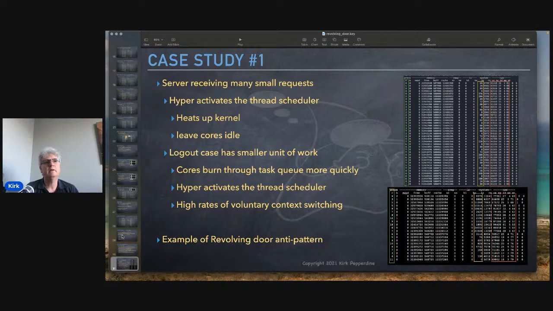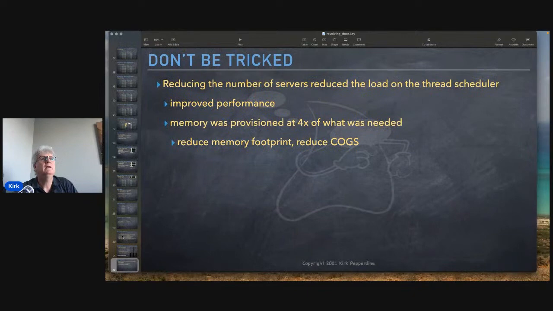This is really what I call a revolving door anti-pattern. I'm dragging data through this barrier, we're just doing something very quickly, and we're just spinning here. At that point, managing the work becomes more costly than actually doing the work. One of the key points here is that the act of scheduling threads now becomes a process that's in every single application's critical path running on that piece of hardware.